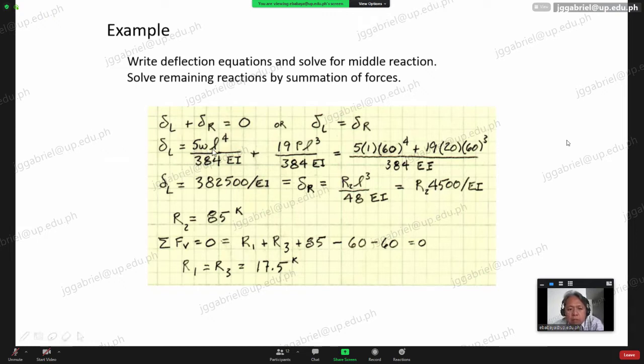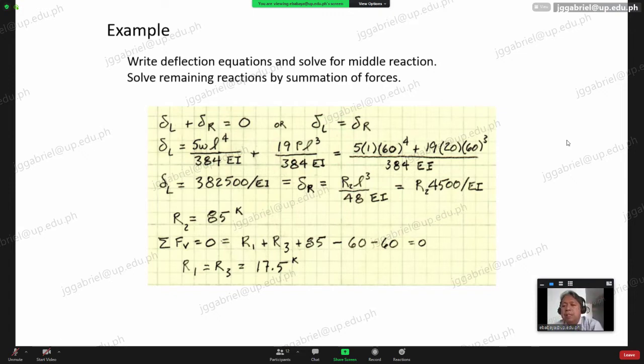So 5WL, L is the length, which is 60. So this is for the uniformly distributed load. And this one is for the three concentrated loads equally spaced. So again, this is predetermined, given na to. Okay?